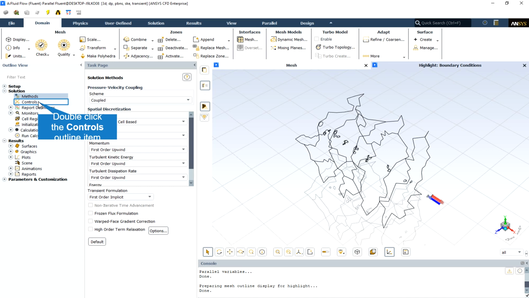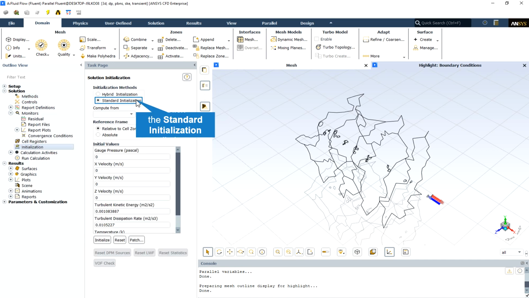This pressure-based coupled algorithm offers an alternative to the density-based and pressure-based segregated algorithm with SIMPLE-type pressure-velocity coupling. For transient flows, using the coupled algorithm is necessary when the quality of the mesh is poor or if large time steps are used. The coupled algorithm solves the momentum and pressure-based continuity equations together.